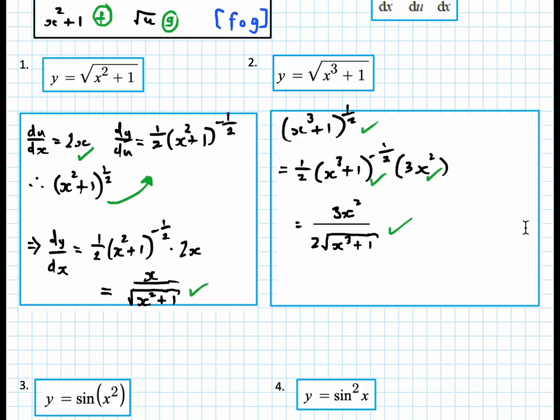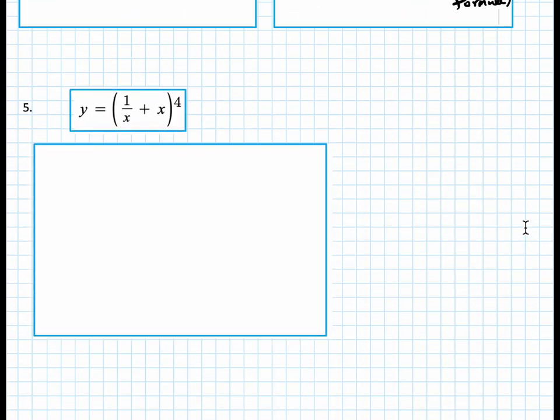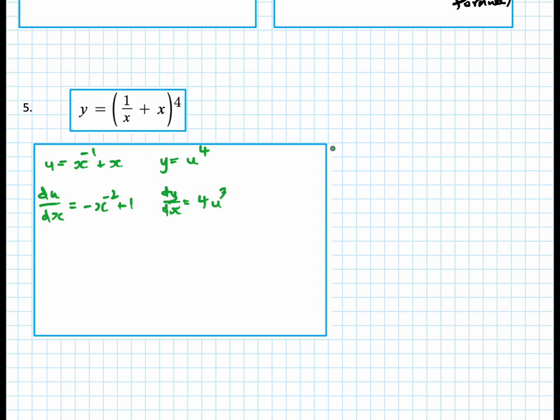Now moving on to a more complicated example, just for our last question here. So u is equal to x to the power of minus 1 plus x. That's a rearrangement of our inside part. I've rewritten it so that we have the exponent. And y is equal to all of that to the power of 4, which we denote as u. So du over dx, which is the derivative of that first part, and then dy over du is 4.